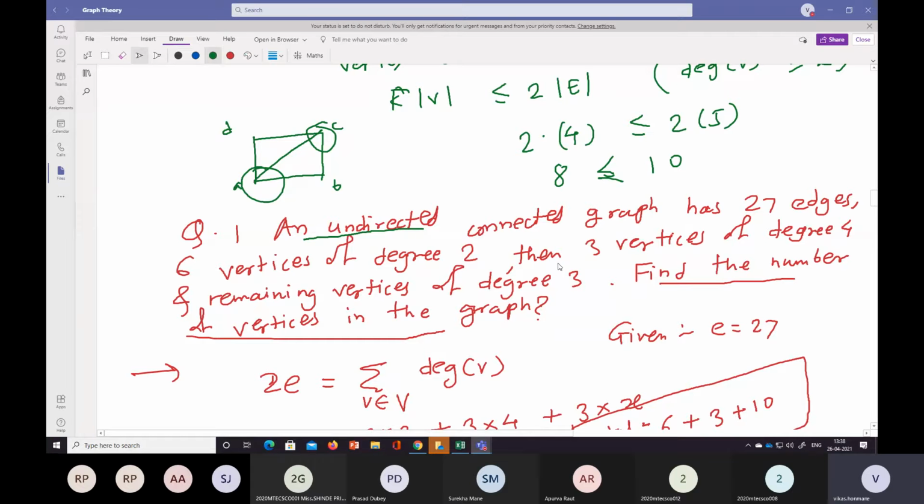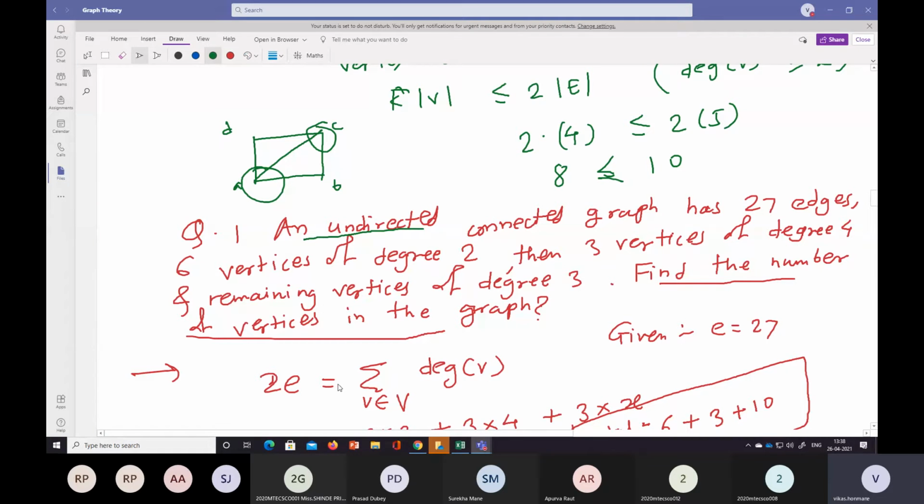Okay, as per the handshaking theorem, 2e is equal to the summation of degrees of all vertices. Here the number of edges is given as 27.